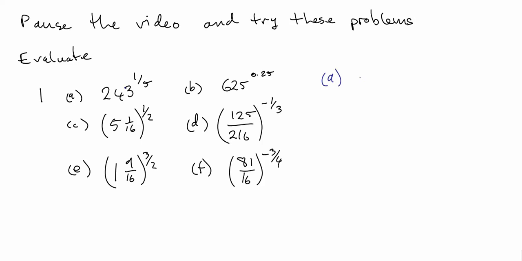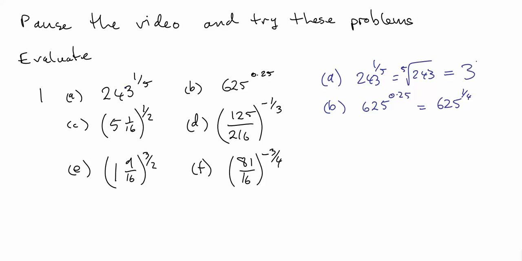So part A, 243 to the power of a fifth is the fifth root of 243, and that is 3. Part B, 625 to the 0.25, well 0.25 is a quarter, so 625 to the quarter is the fourth root of 625, and that's 5.